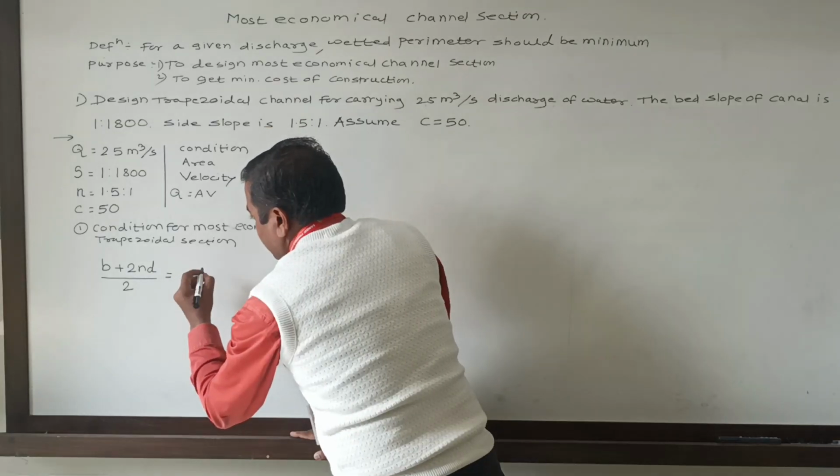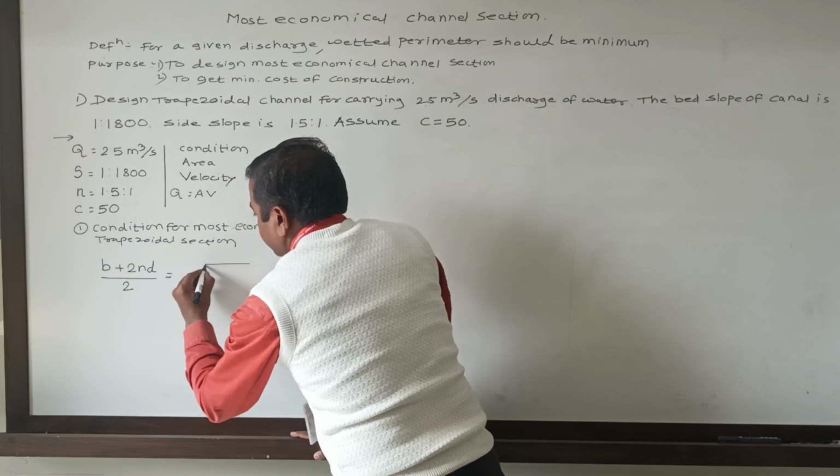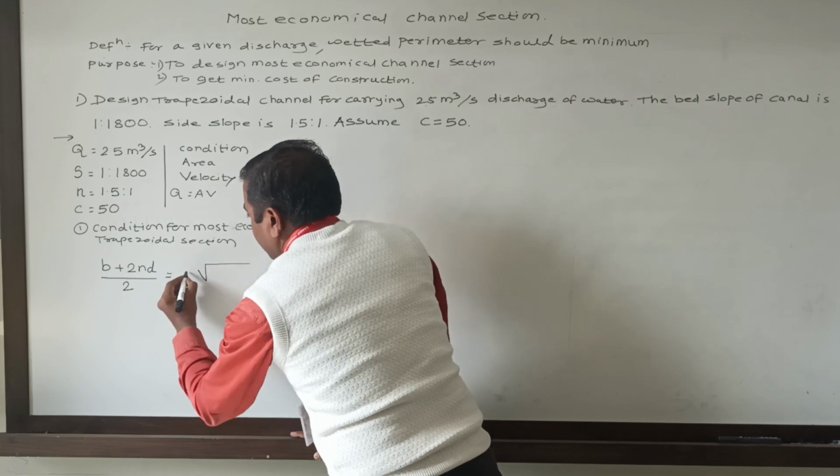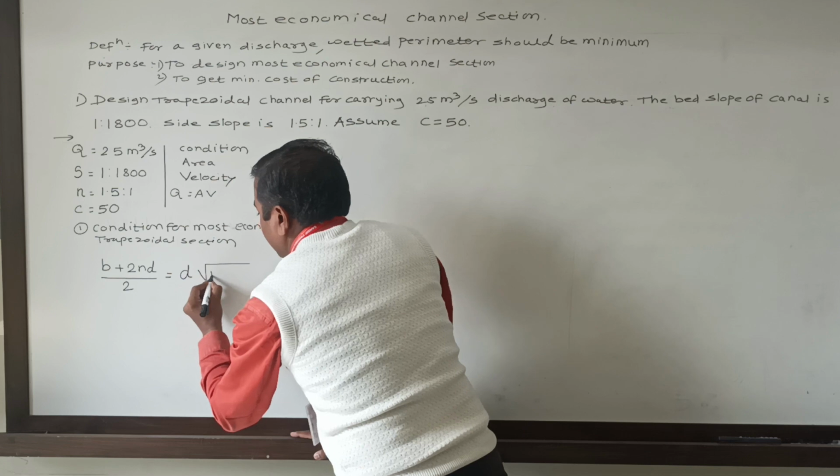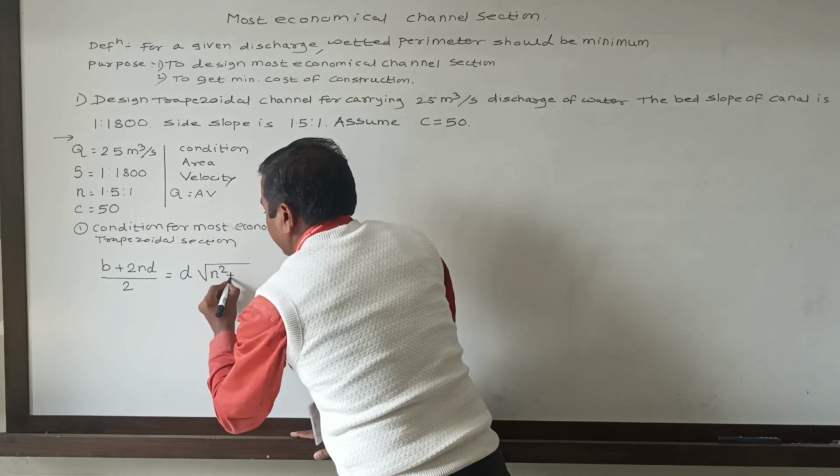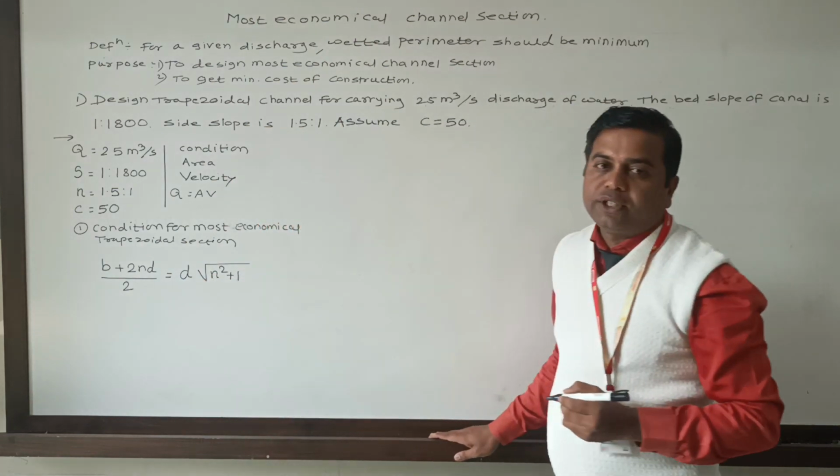Half of top width is B plus 2ND over 2, and the sloping side is equal to D into square root of N square plus 1. This is the half of top width, and this is the sloping side of the trapezoidal section.